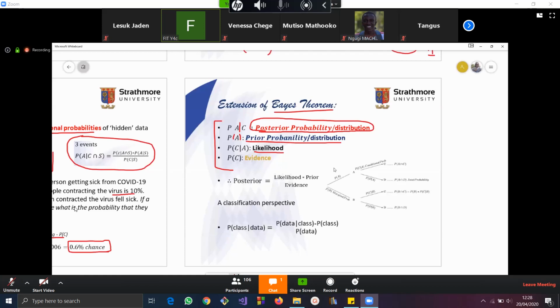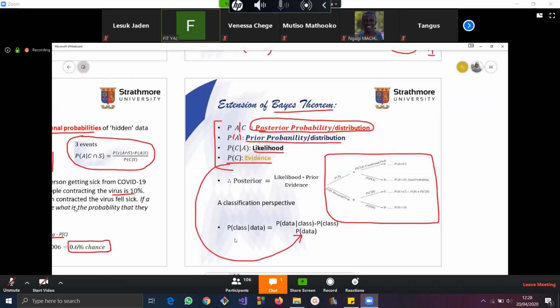And the probability of C, with respect to this tree, by the way, that's how we are simplifying, is going to be called the evidence. Now, the evidence is actually the data we have.